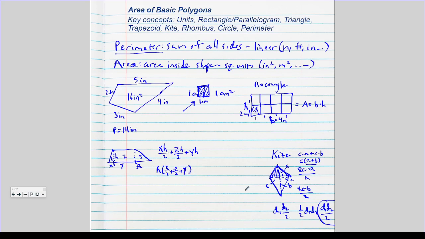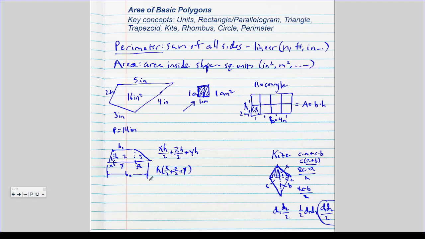And now, just like we did with the kite, we want to reframe x, y, and z into things that are actually meaningful for the trapezoid. So I'm going to call the shorter base b1 and the longer base down here b2. So we have y is the same as b1, and then x plus z is the same as b2 minus b1.